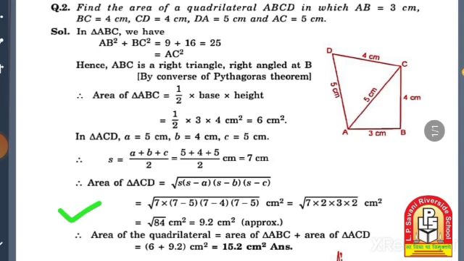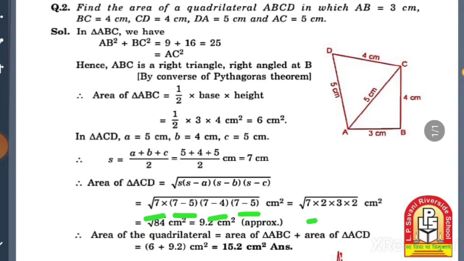So the area of triangle ACD is the square root of S into S minus A, S minus B, and S minus C. So S is equal to 7, S minus A is 7 minus 5, S minus B means 7 minus 4, S minus C is 7 minus 5.